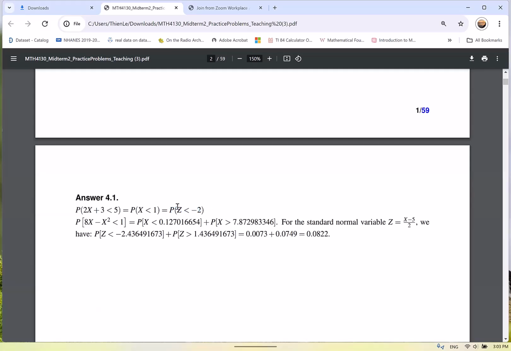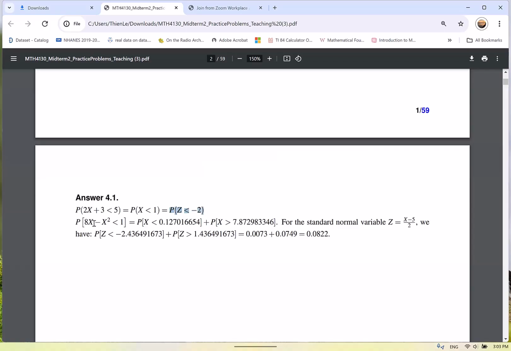So either way, if you go the z-score track, then you proceed with normal 0, 1. If you don't want to convert to z-score, you just proceed with normal mu and standard deviation sigma. A long time ago, when we didn't have this kind of powerful calculator, we had to convert back to the normal 0, 1 because we would use a table to look up the number.